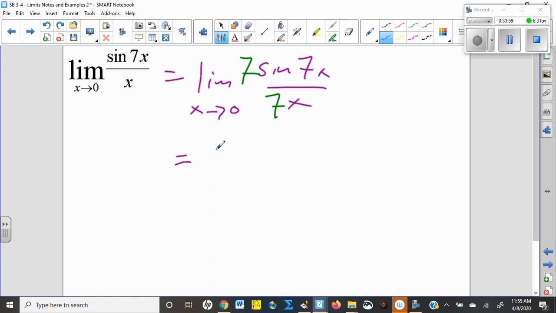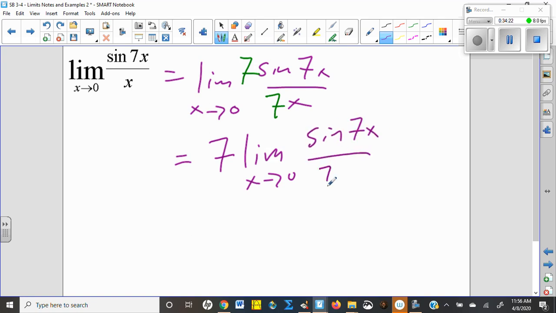So now I can pull this 7 out. That's the top 7. Notice I'm not going to make you write limit of 7 because I think constants are obvious to work with. If it does say use properties of limits, you will have to do that extra step, sorry to say, but usually you're just evaluating them. And this is the thing that we were looking for, that sine of kx over kx that I hope you wrote down in your notes from a couple slides ago.